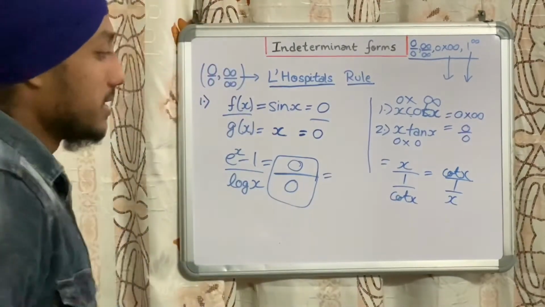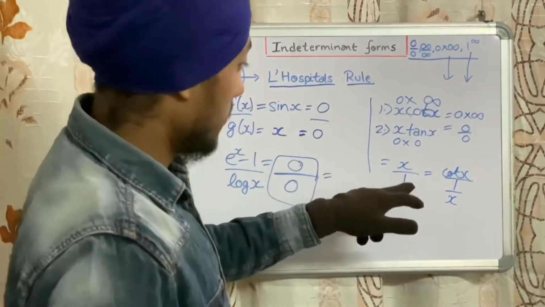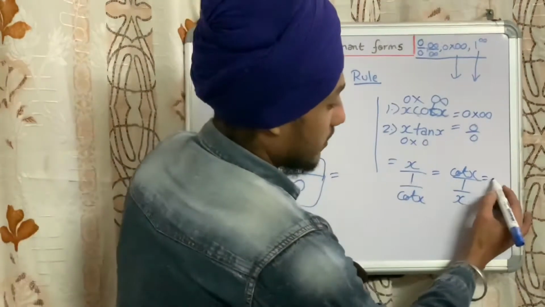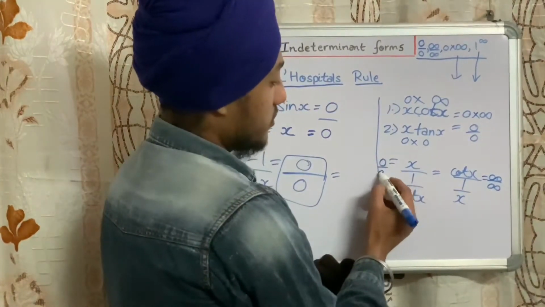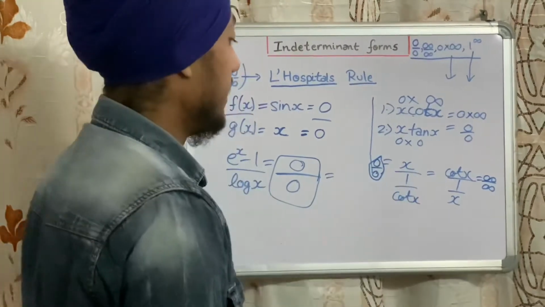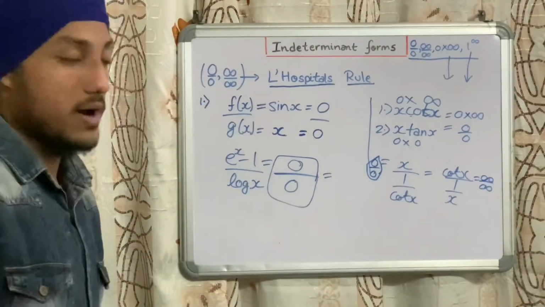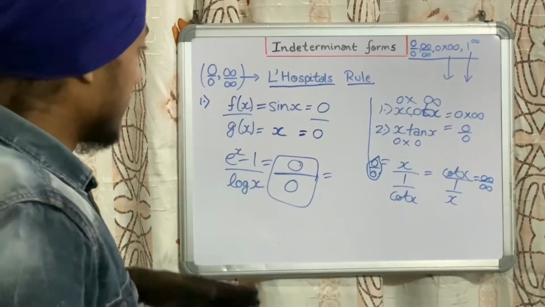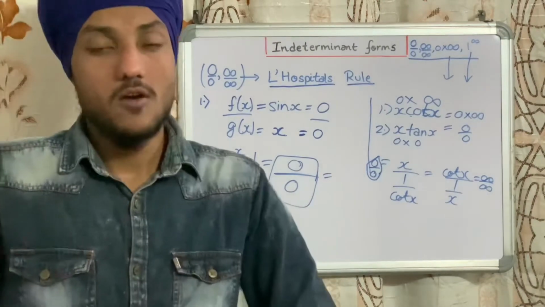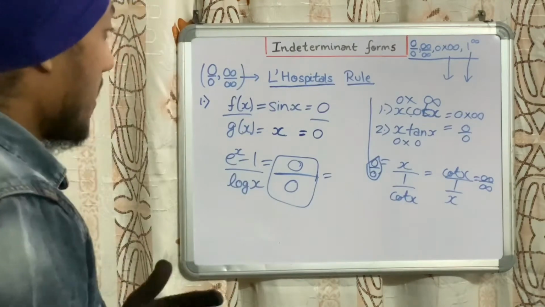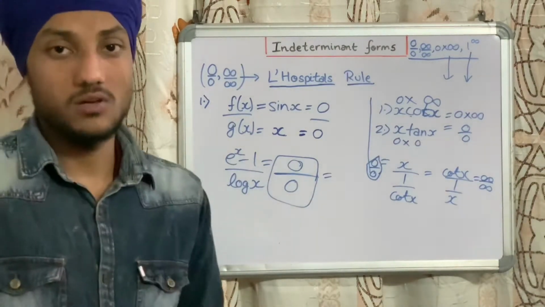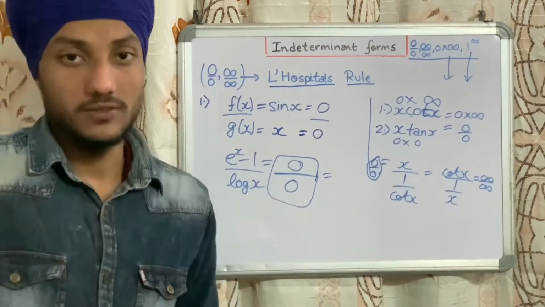Then it is converted into infinity by infinity form in one case, and 0 by 0 form in the other. So these are interchangeable forms, 0 by 0 and infinity by infinity. That's why we use them as the base where we apply L'Hopital's rule in order to find the answer of that limit.